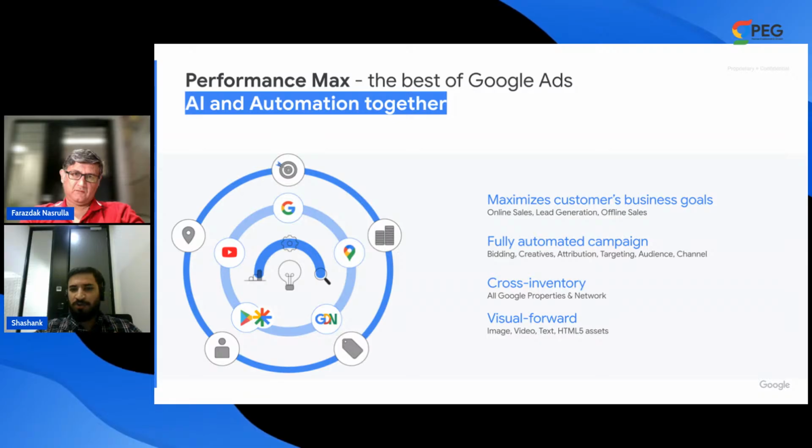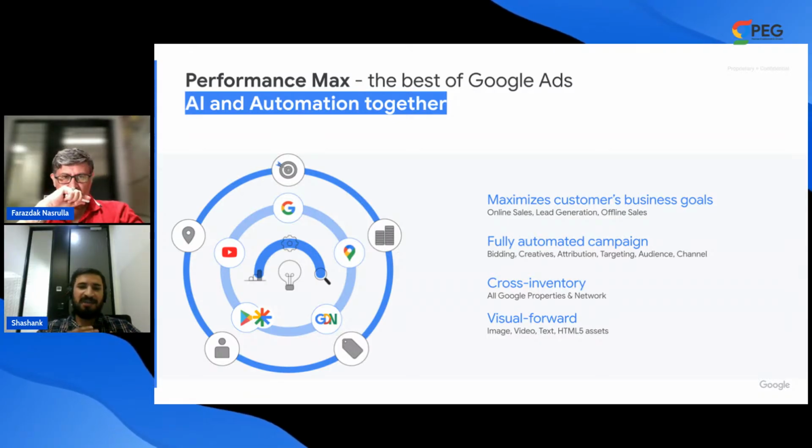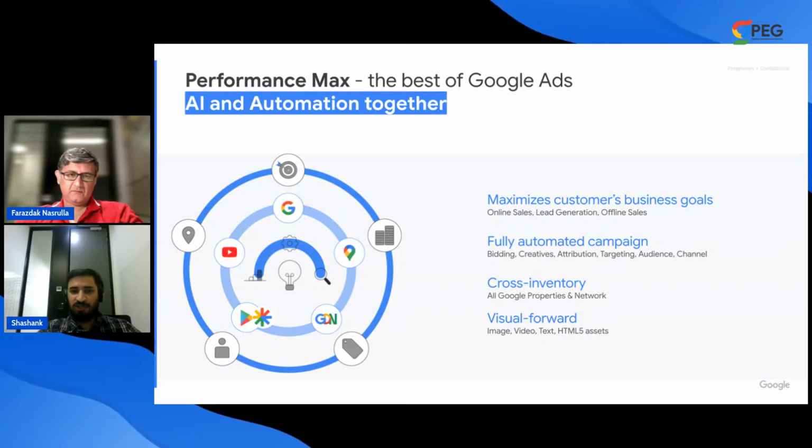Fully automated means you just need to give a few inputs, for example, what type of audience you're looking for, what could be the search queries that your users might be searching for whenever they are on Google search or on different channels. Cross inventory means with this campaign type you can target different ad inventories, and visual forward means you can show image ads, video ads, text ads, and HTML5 ads to your end users using the same campaign type.